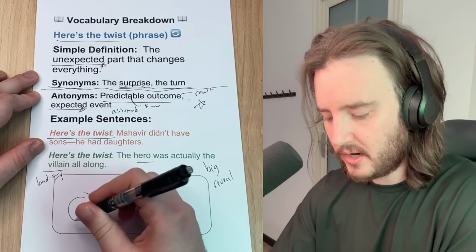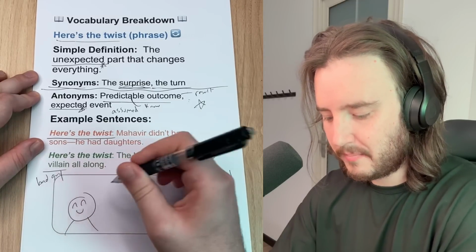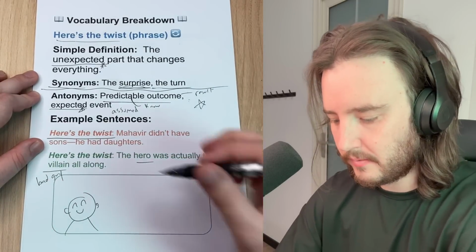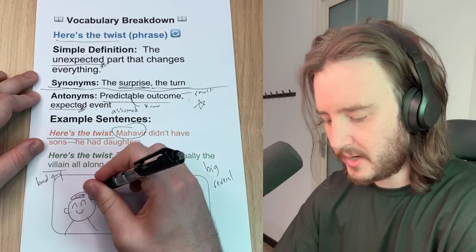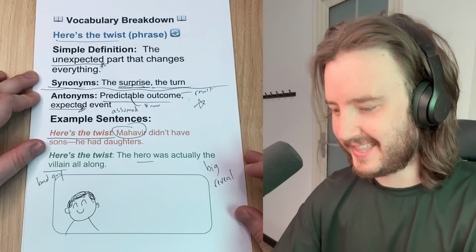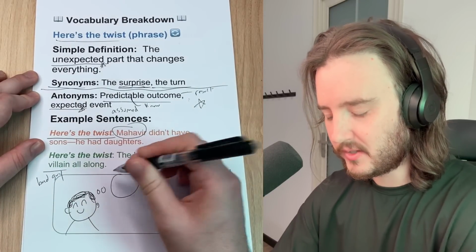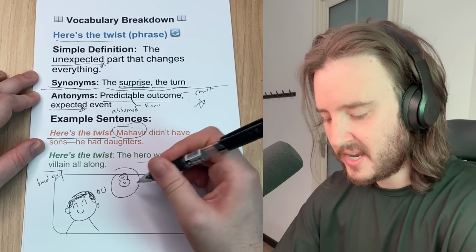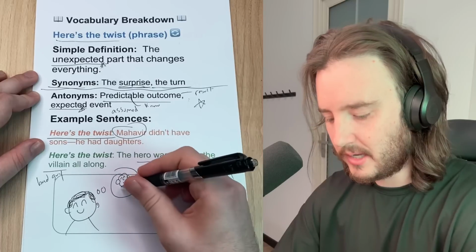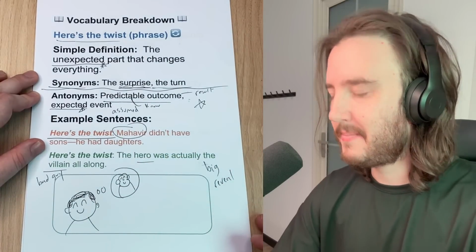So down here, you guys know I love to draw pictures. I'm going to draw a picture of Mahavir from our story, okay? And I don't really know what he looks like, but maybe something like this. And Mahavir is daydreaming about a baby boy, and he loves that idea of having a baby boy.